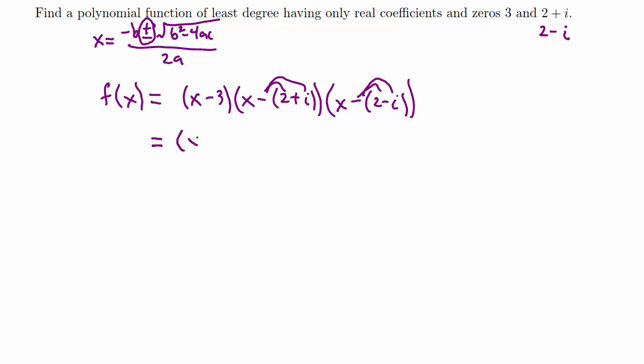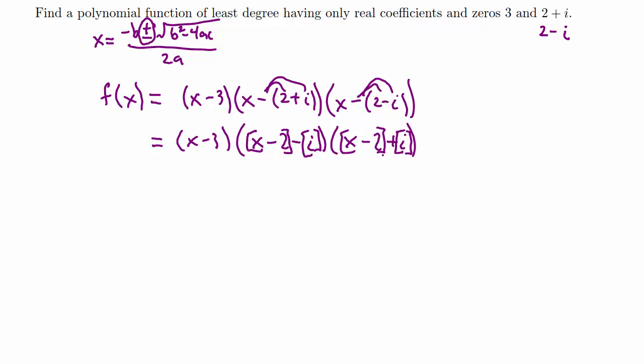So this is going to give me x minus 3 times x minus 2 minus i times x minus 2 plus i. Now I'm going to use square brackets here, and notice that this is actually a multiplication of two conjugates.